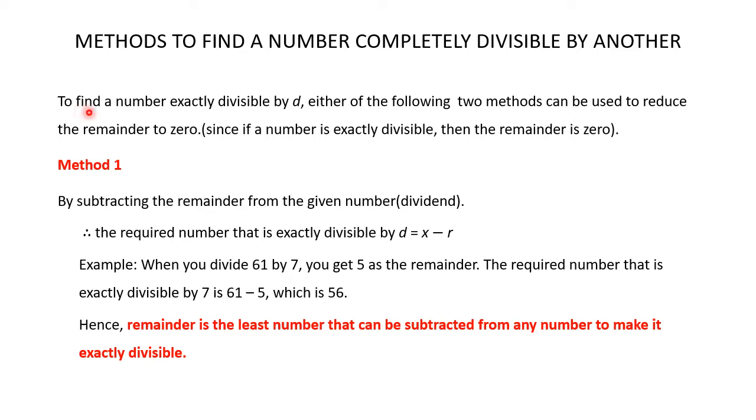To find a number exactly divisible by d, either of the following two methods can be used to reduce the remainder to 0. Since if a number is exactly divisible, then the remainder is 0. This means that if a number is exactly divisible by another number, then the remainder is 0.